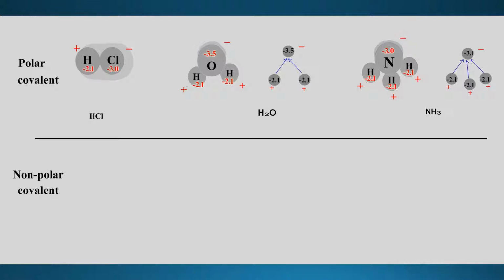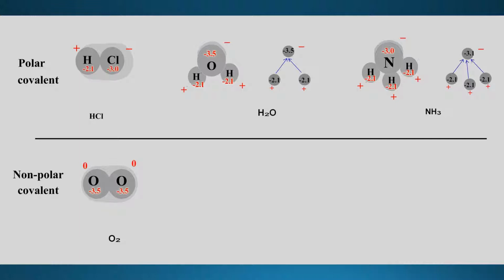Also, the shape is a pyramid, and so electrons are unevenly distributed. So ammonia is a polar covalent bond again.